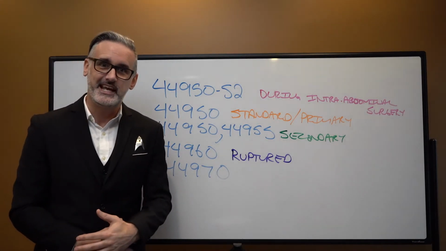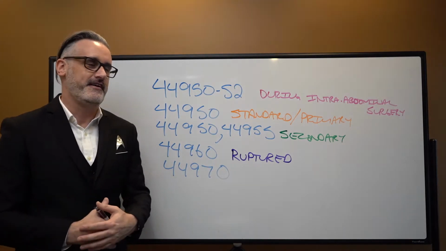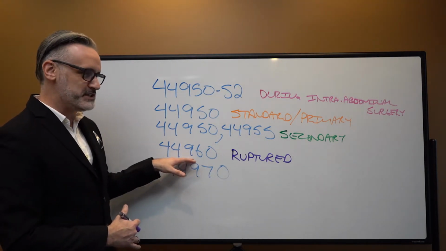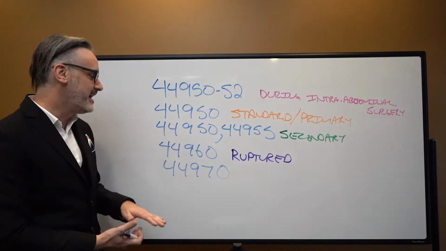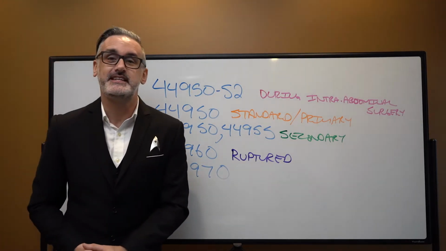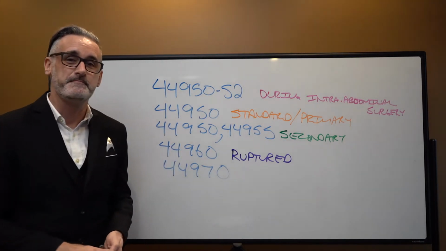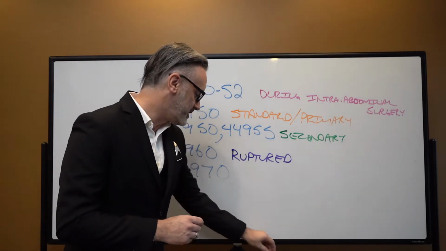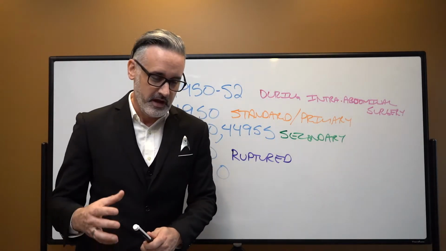It is still contained, it's not popped yet, if you will. If they catch it after the fact, and the patient's in agony, pain at that point, then we'll do 44960 to let us know that the appendix being removed, unfortunately, is already ruptured at that point.